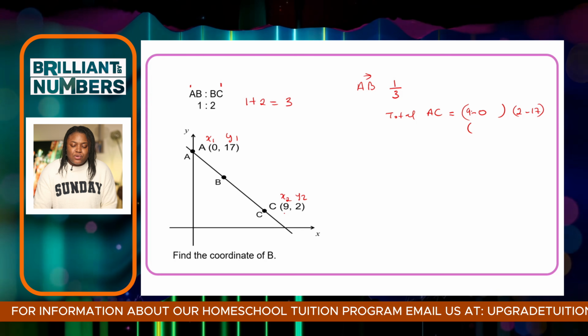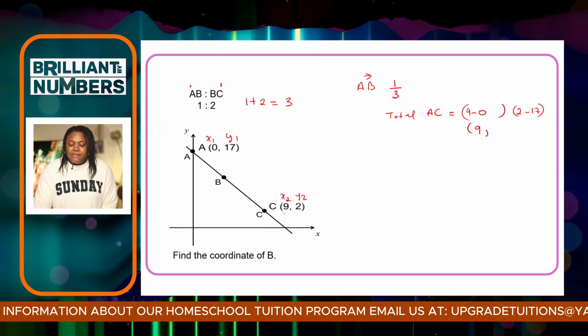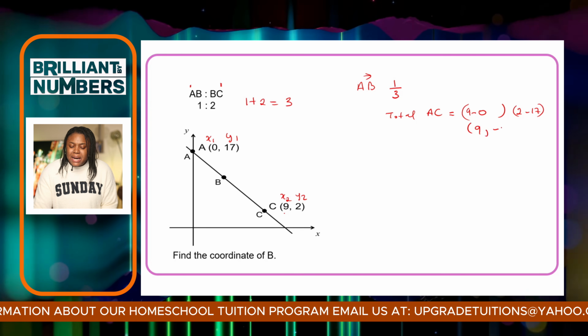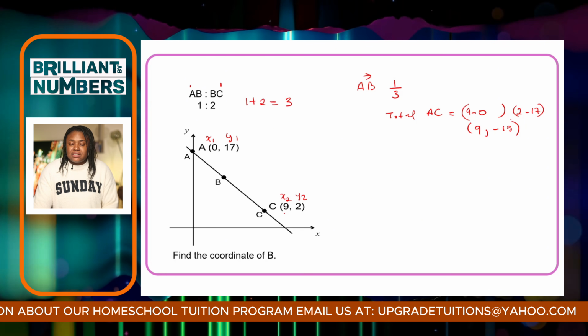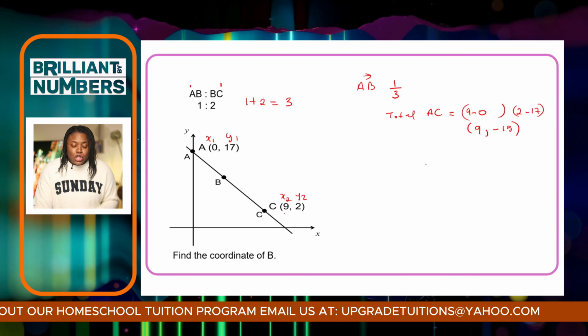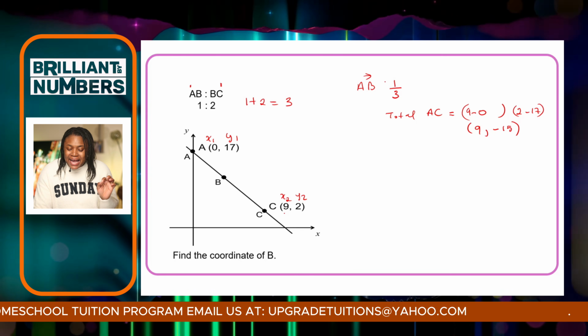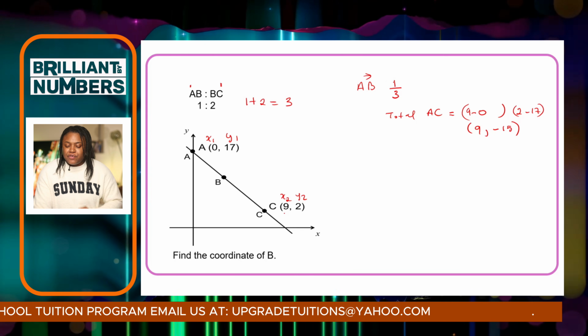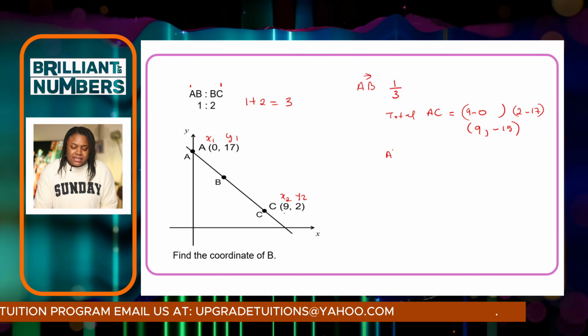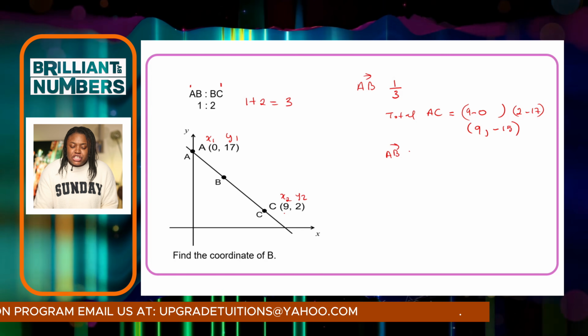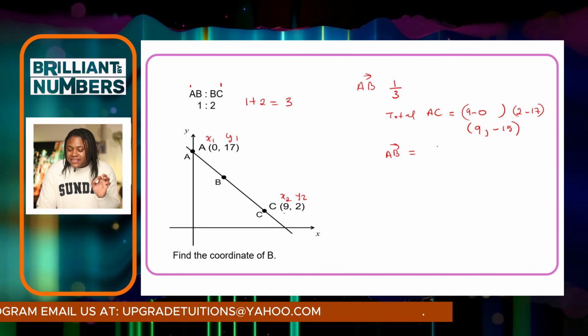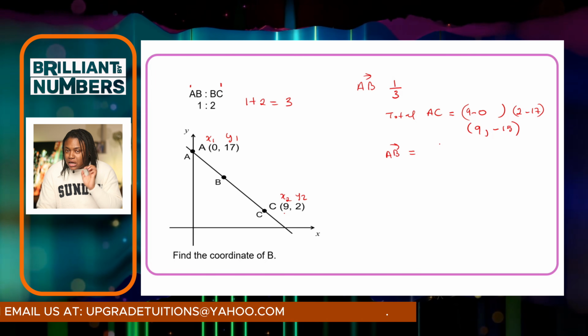So for the x coordinates, I will get 9. For the y coordinates, I will get minus 15. Pay attention, it's a small take away a large. So that's the total distance from A to C. Remember, AB is 1/3 of that. So I need to find the distance from A to B. In terms of coordinates, we have to divide this by 3 since it is 1/3.